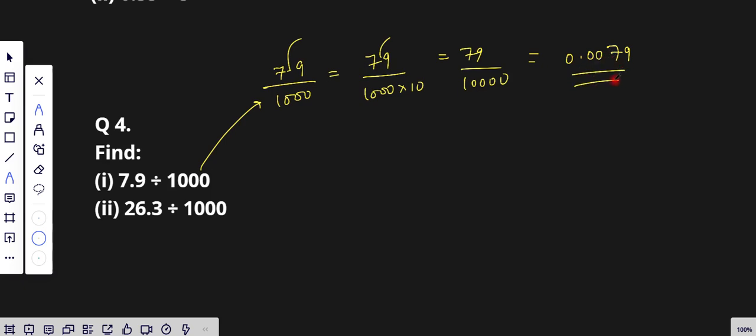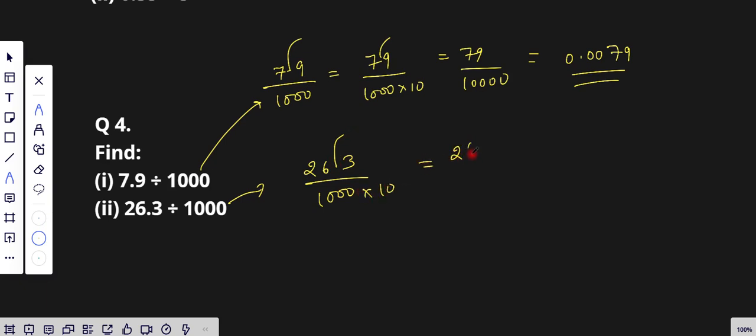Okay, so first you need to count the number of zeros in the denominator, make the digits in the numerator equal to that, and put a decimal before that. Now similarly I'll take one more example, the question is 26.3 divided by 1000. When I remove this decimal I'll put a 0 in the denominator.